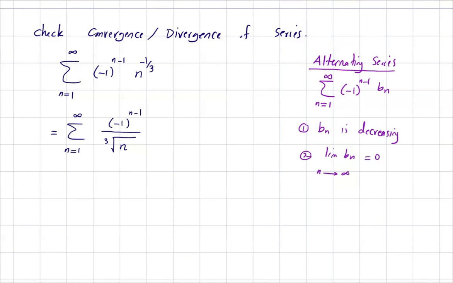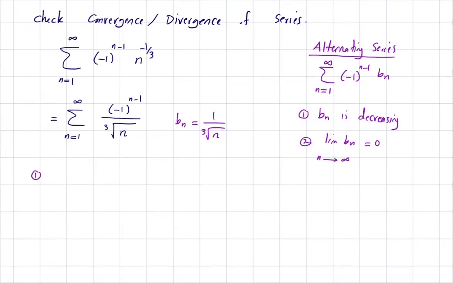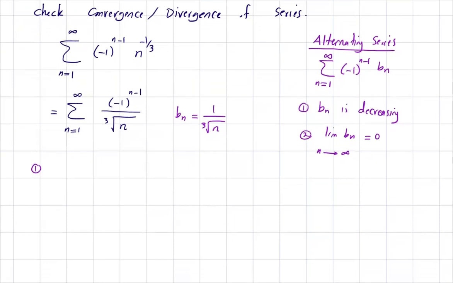So let us take a look. My bn is equal to 1 divided by the third root of n. Let us check convergence and divergence of this series by checking these two conditions. First of all, we want to show that bn is decreasing.